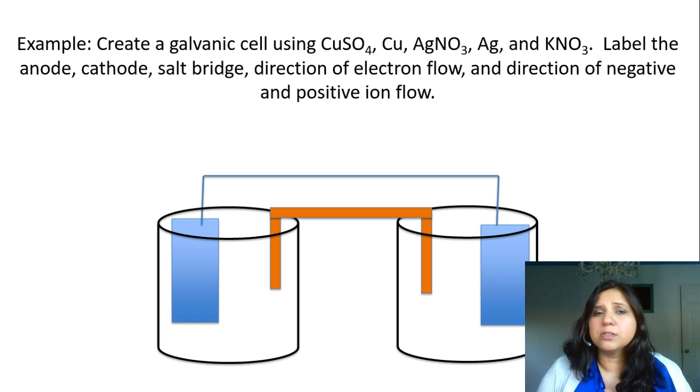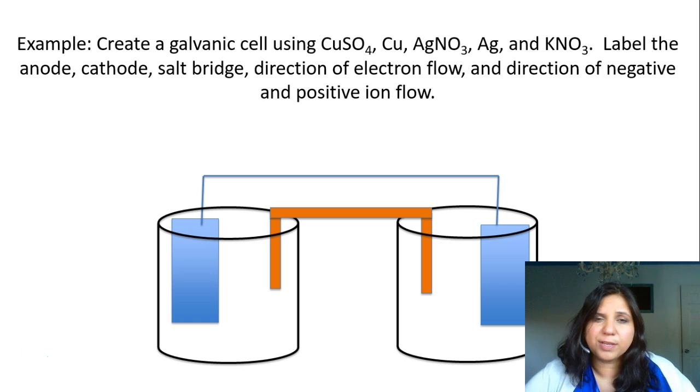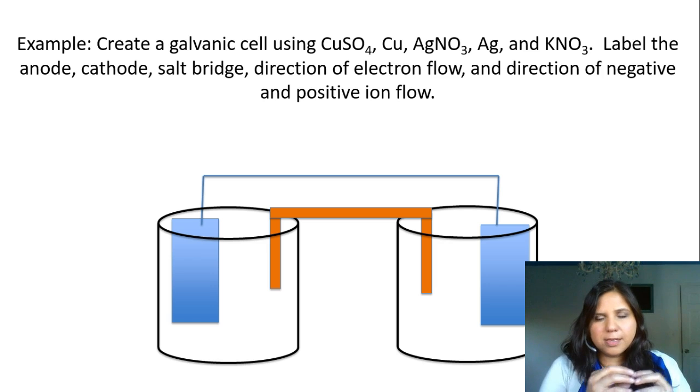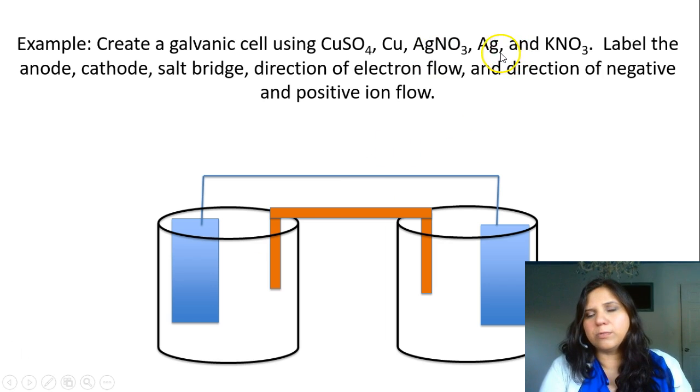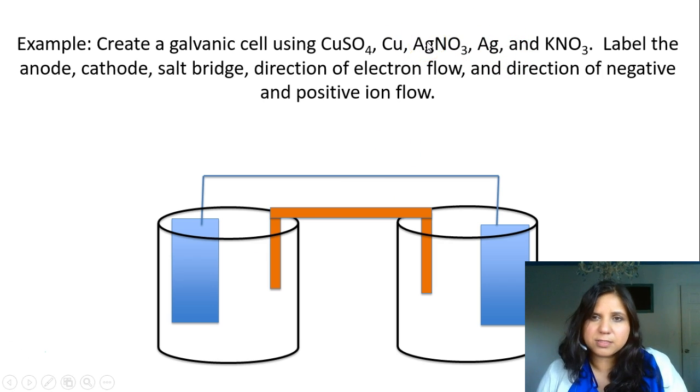So you're going to have to create a galvanic cell given a list of either a reaction or materials. In this one, I've given you a list of materials. We have copper sulfate and copper. Those two, we've got the solid metal and the ionic form. The copper sulfate would be dissolved in water and form copper ions, so those two would go within the same cell because it's the same metal. Then we have silver nitrate and silver. These both have the same metal in them, so they'll go in the other cell.